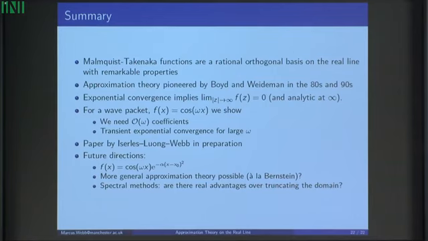We've shown that we need order omega coefficients for any given accuracy, although this talk was only a sketch of that. And we showed that there's a transient exponential convergence for large omega. There's a paper that's currently in preparation.